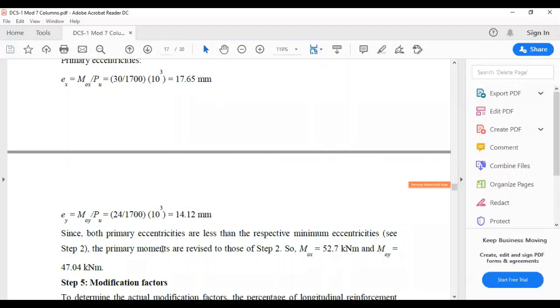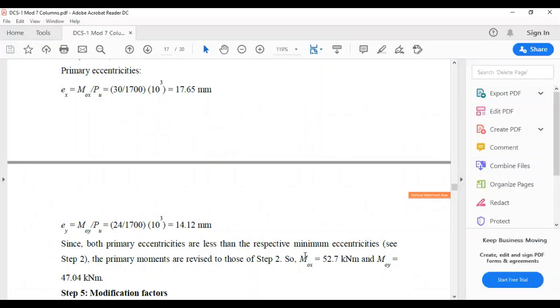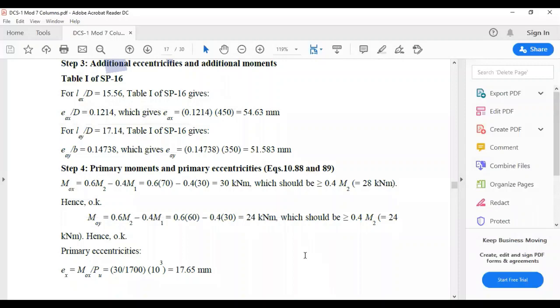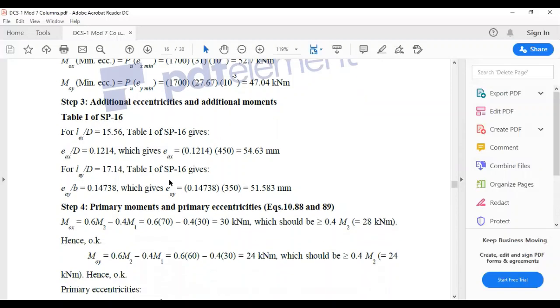Therefore, the primary moments are revised, which we found in step 2. So MOX becomes 52.7 and MOY becomes 47.04, because the minimum eccentricity is greater than the primary eccentricity. That means we will consider these moments for design purposes.